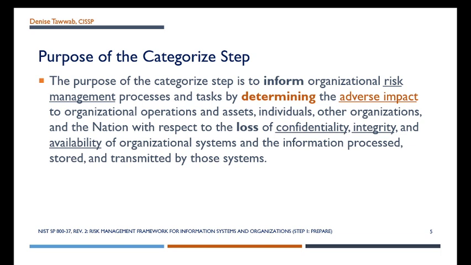So the purpose of the categorize step is to determine how bad it's going to be if something happens with respect to confidentiality, integrity, and availability of your systems or the data that runs through those systems. And so that's what this step is doing.